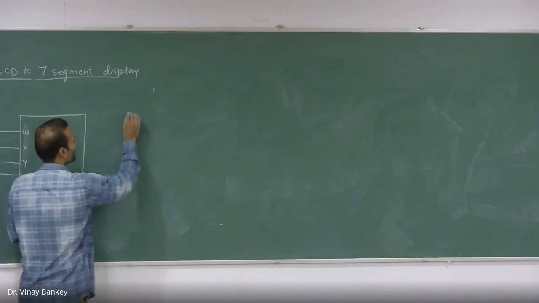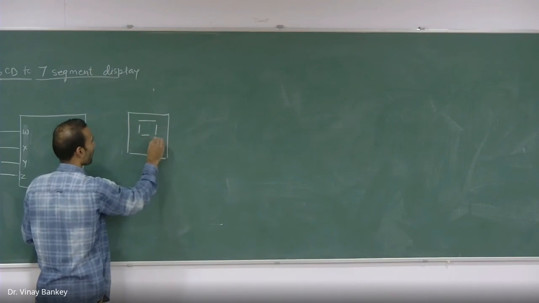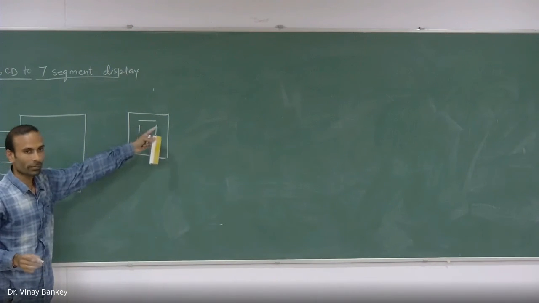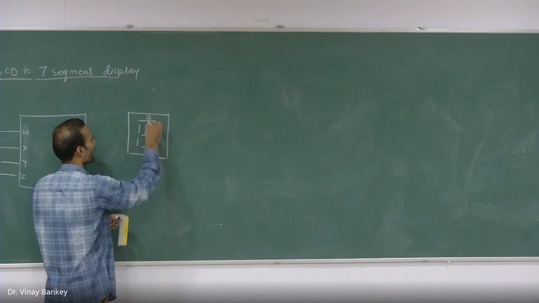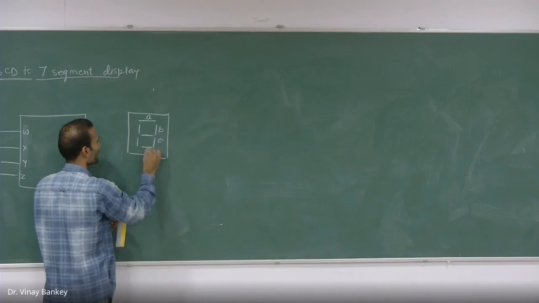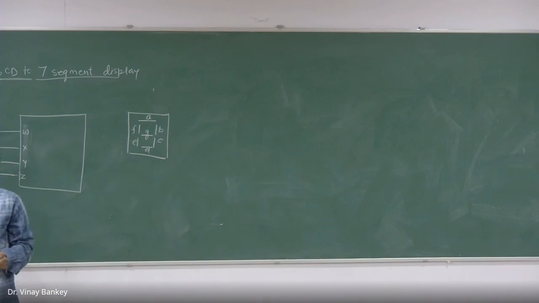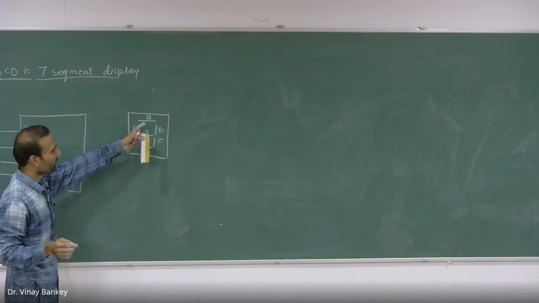So here you have this 7-segment display. Why do we call this 7-segment display? There are 7 segments, and each segment has a predefined name. It is A, B, C, D, E, F, and G. According to our application, we want to light up only a few segments.